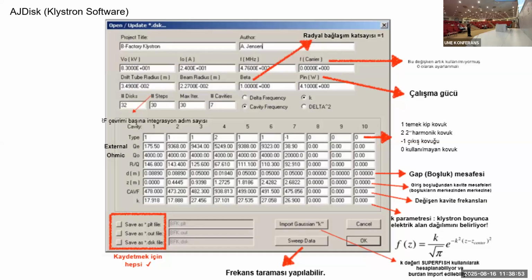I'm not sure, but you have to check it. Beta can be automatically inserted here. The generator power, of course, depends on your instrument. In our case, let's say 13 watt. This K import Gaussian can be transferred, which I don't know the others.